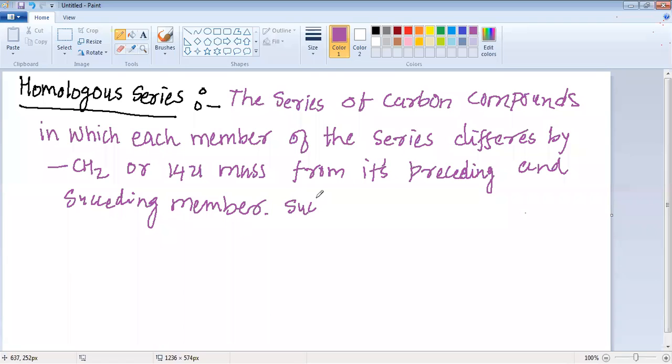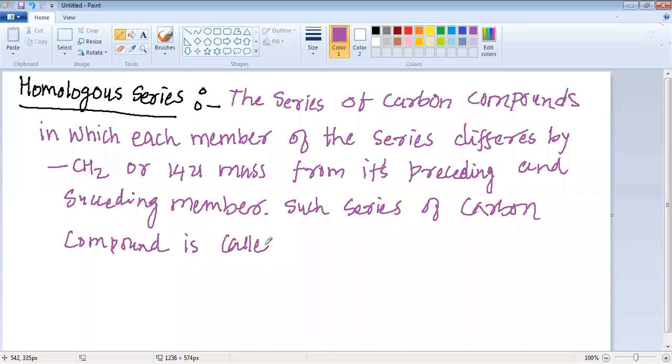Such series of carbon compound is called homologous series.